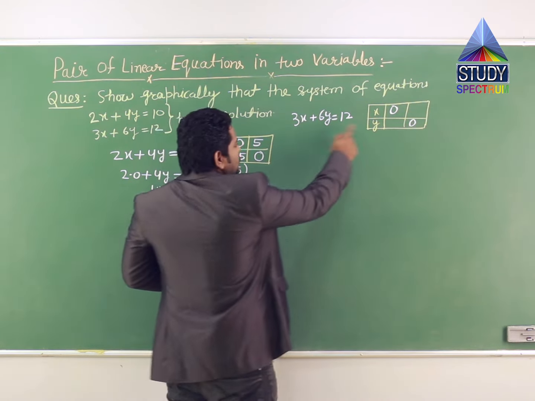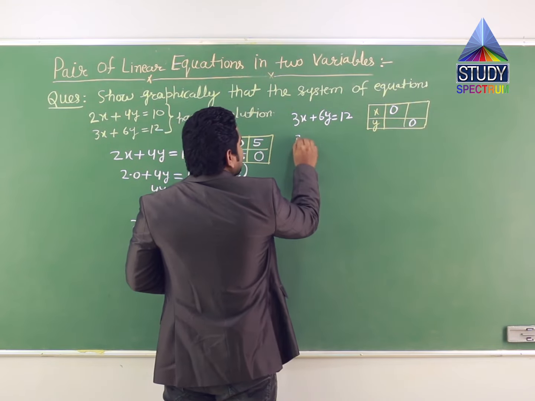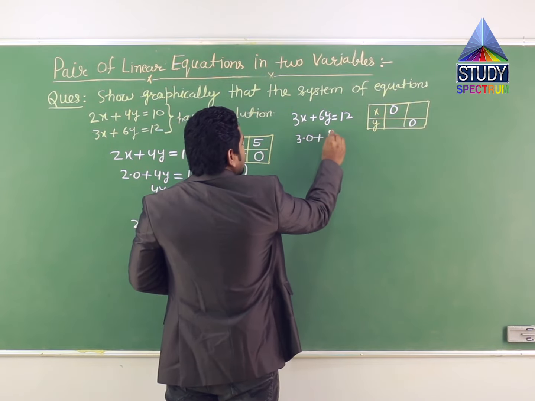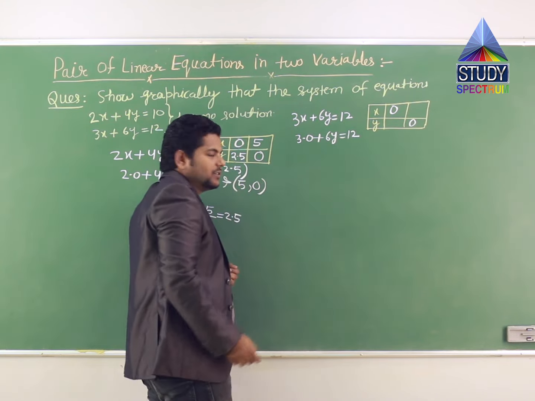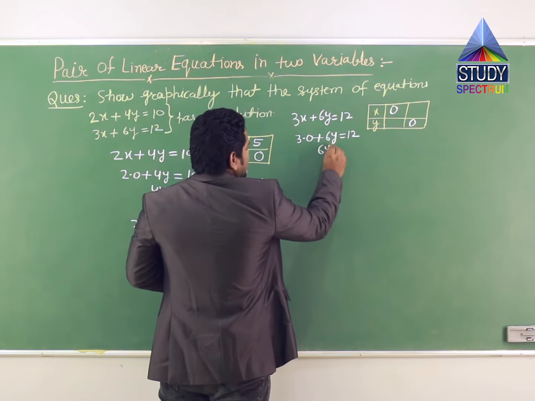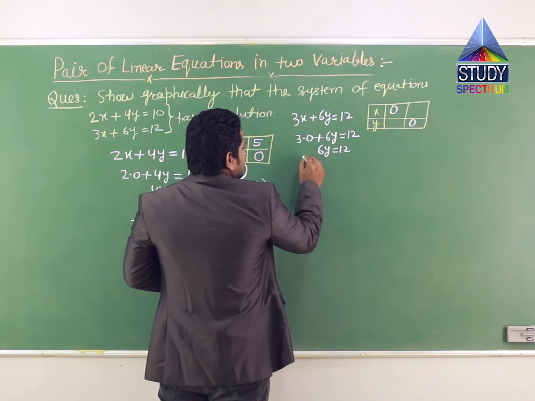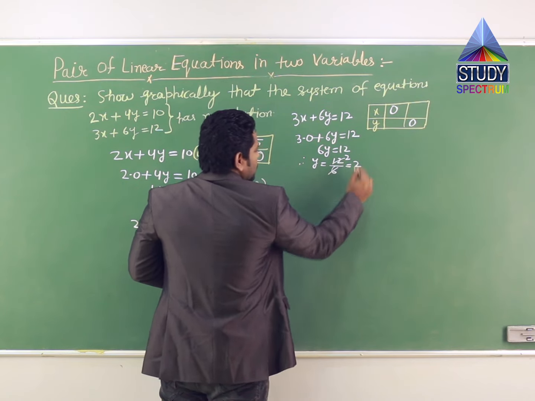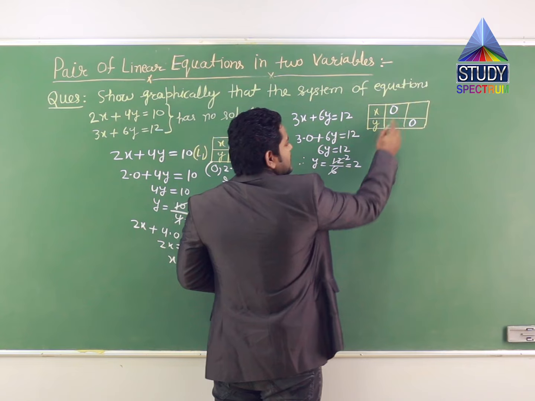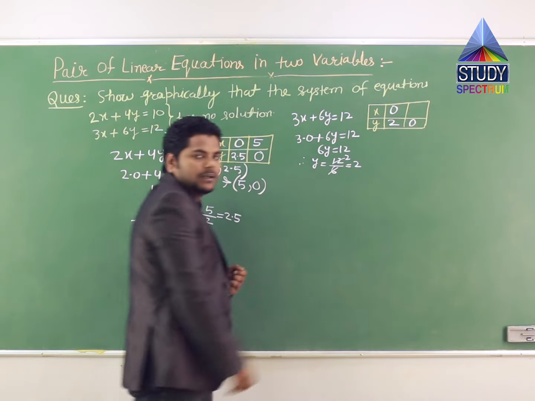So for the first point, 3 into 0 plus 6y equal to 12. 3 into 0 is 0, plus 6y is 6y equal to 12. Therefore, y equal to 12 by 6, which is 2. So when x is 0, y is 2.